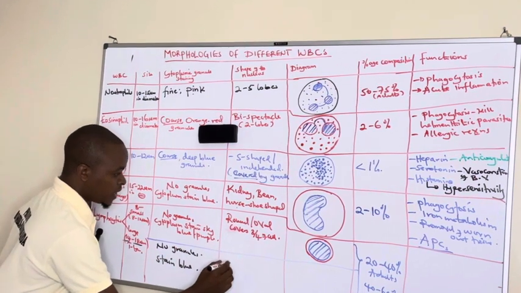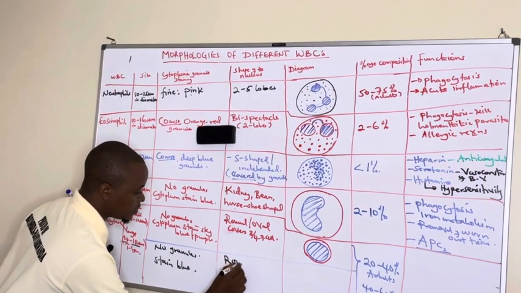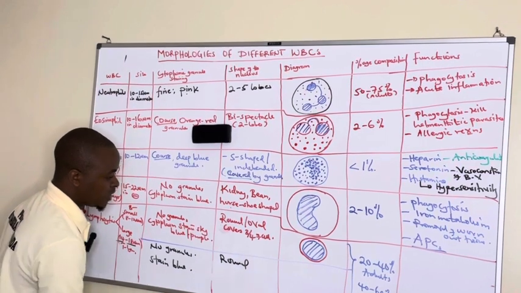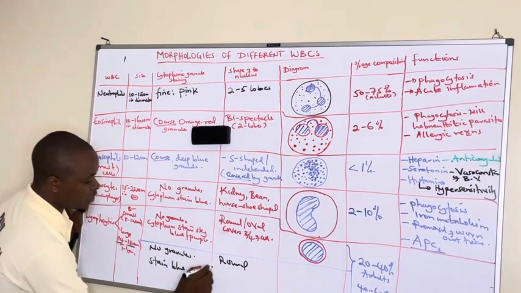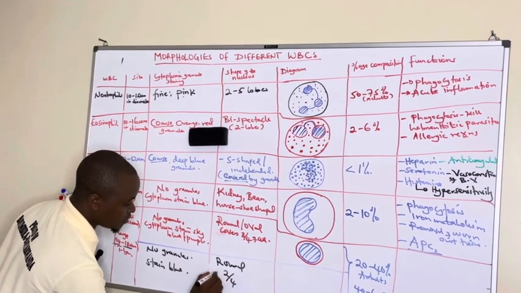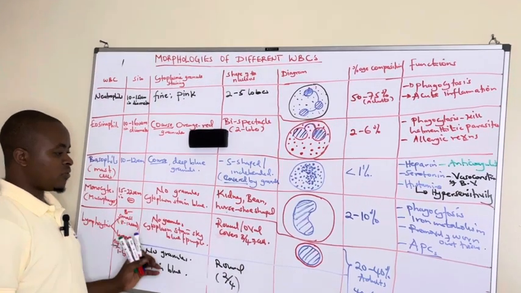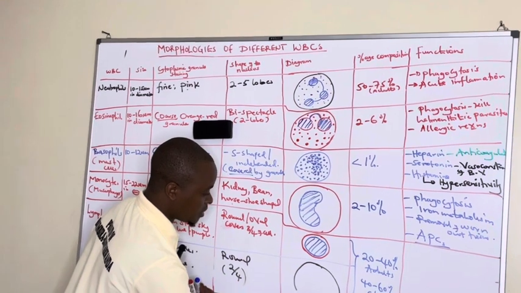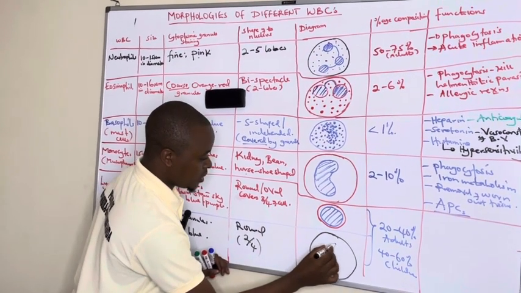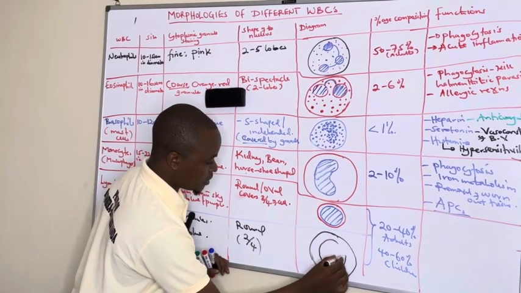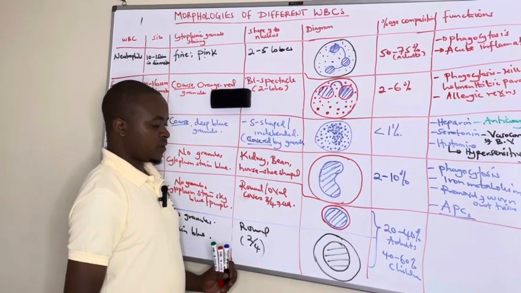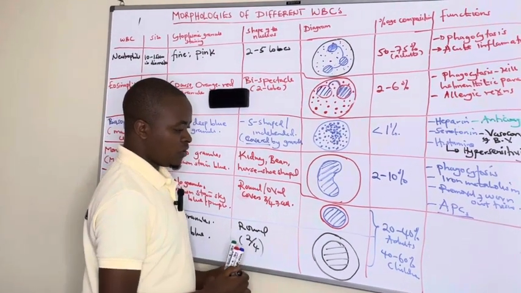Then the nucleus is still round, and it does not cover much of the cell. It can cover 2/4, or half, of the cell. If we draw it, it is a bit larger than the small one, and it has abundant cytoplasm, but sometimes it is eccentric, with no granules.